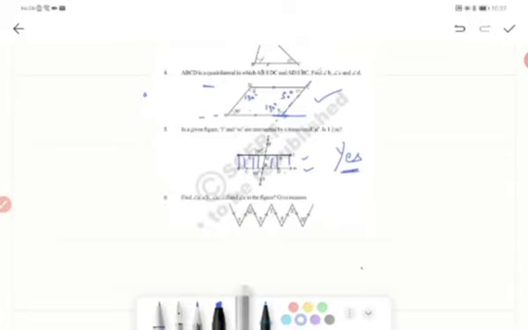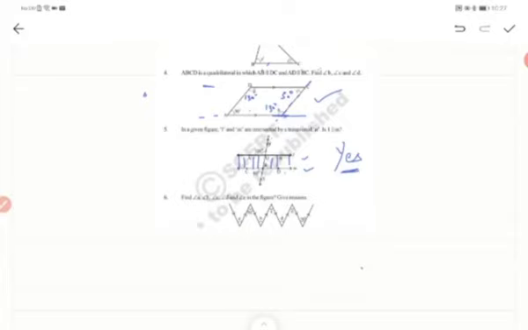Can you try this problem by yourself? Try, it's very easy. You can extend the lines and just see. One, I will tell you. What is the value for angle A?